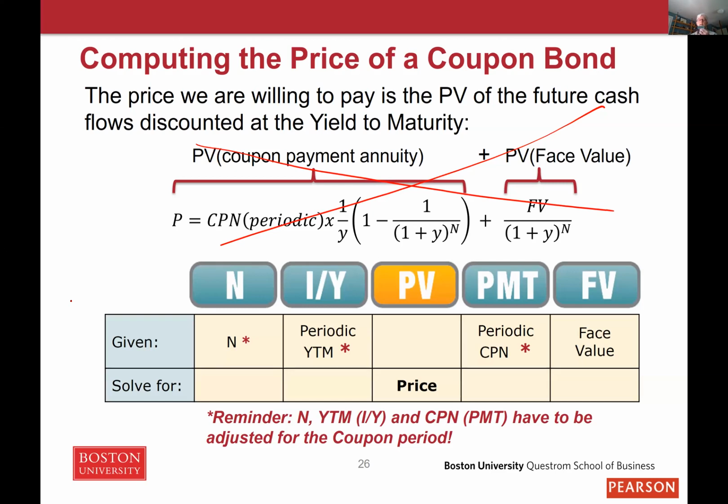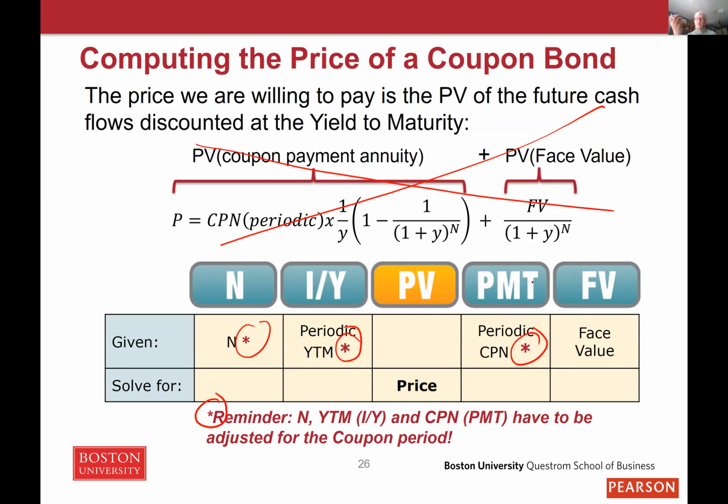So use these keys as an organizational tool. You're looking at a problem, you're saying, how many periods are there? What is my periodic yield to maturity? What is my periodic coupon? What's the face value? So if you look at what I've done with this chart here, 3 of them have asterisks.